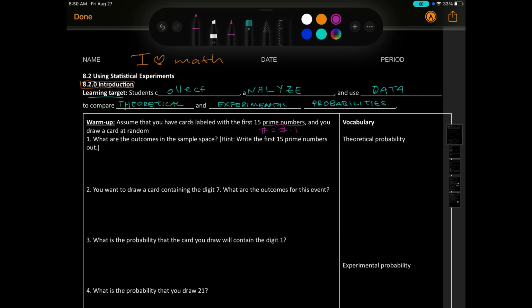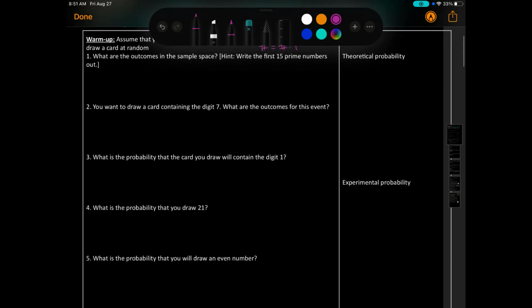For example, the first prime number is 2, because 2 times 1 equals 2. How about 49? It is not a prime number because it is 7 times 7. Those are the other factors. So go ahead and press pause. Do questions 1 to 5 and we'll go over those together.